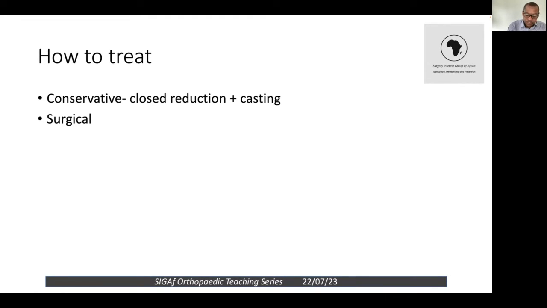So treatment options. I think in orthopedics, it's pretty straightforward. Whenever you treat patients, there's always an option of not doing anything or doing minimal, so non-surgical or surgical. By and large, conservative treatment is mainly closed reduction plus or minus casting, or just simple splinting, depending on the nature of the fracture.